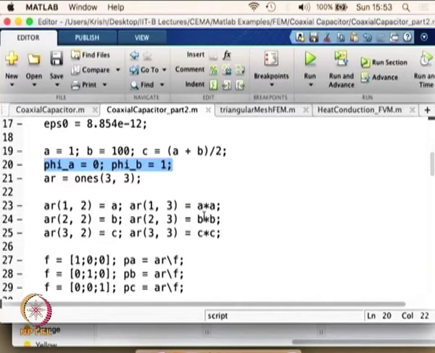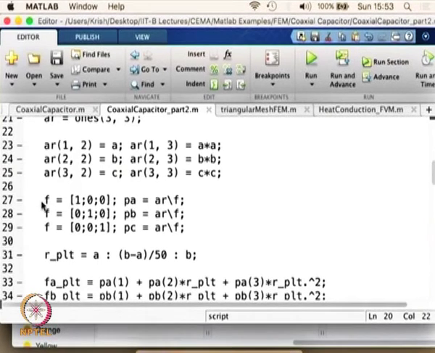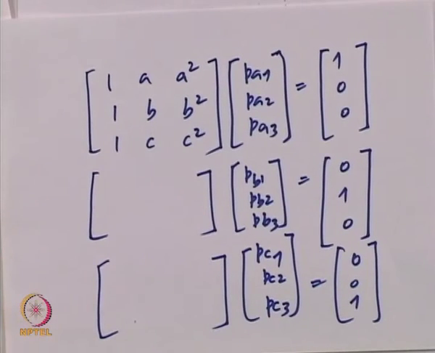So it is going to be A square, B square and C square for A13, A23 and A33, and A12, A22 and A32 are going to be ABC, so on and so forth, and the value of F, the right hand side of the equation that we had before. So these are the equations that we had here on the right hand side, and this is the value that we have put as F.